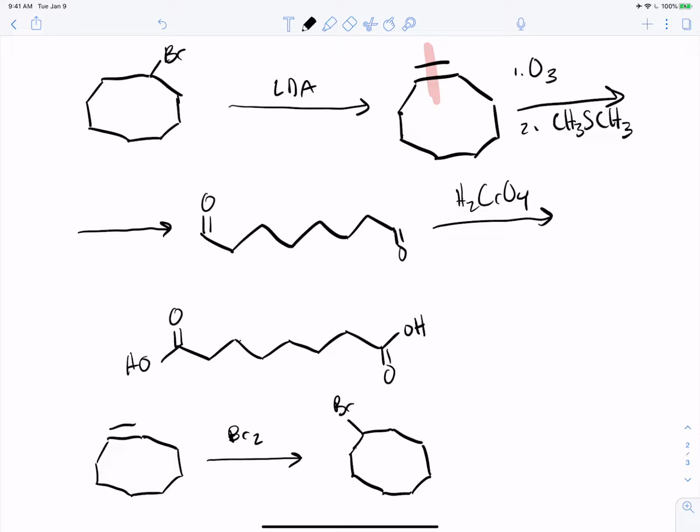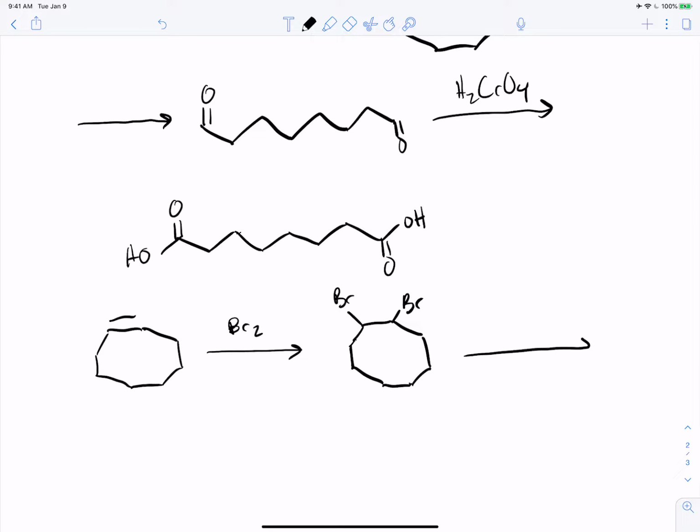I apologize about my octagon drawings, they're not great. Okay, so now I've got Br2, and then you could use, this would be tough to do, I think, an LDA in excess, and you might be able to put an alkyne inside of here. You're going to get a lot of strain inside of this thing.